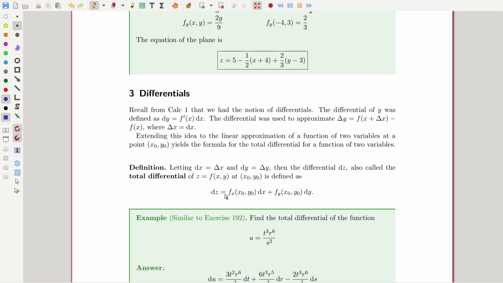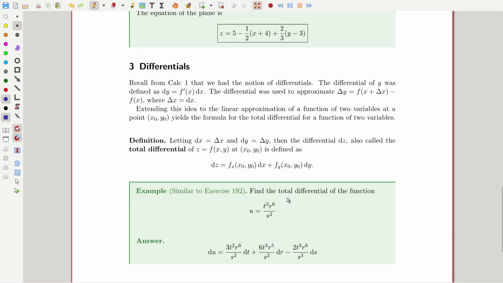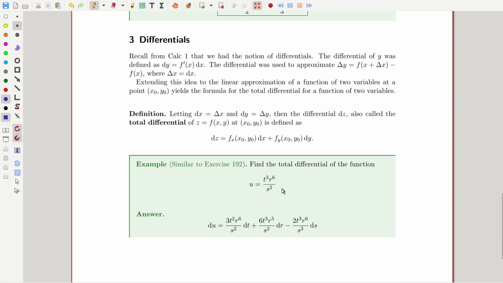If you were to make those small increments in x and y, the total differential has to do with summing up all of the changes that you could make with all of the variables. The OpenStax text only gives you this expression, and you're supposed to generalize this to your problem, which has three variables.